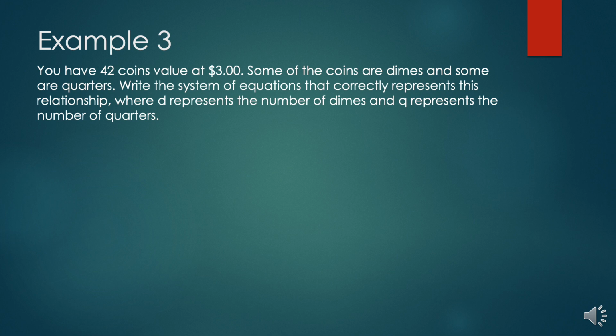All right, number 3, and this is actually an important problem because it's one of the most common types of problems you'll encounter. You have 42 coins valued at $3. So you know that you have 42 coins with a total of $3. Some of the coins are dimes, some of the coins are quarters.